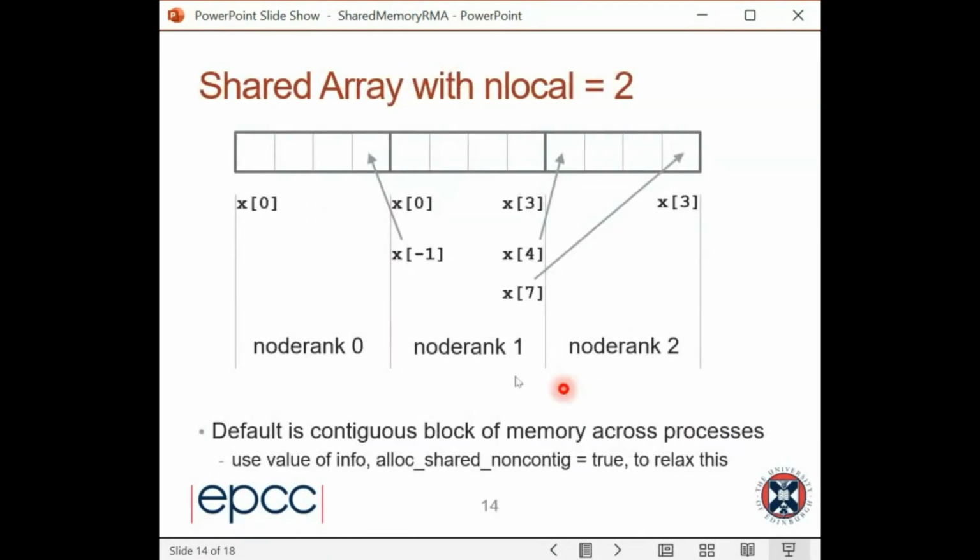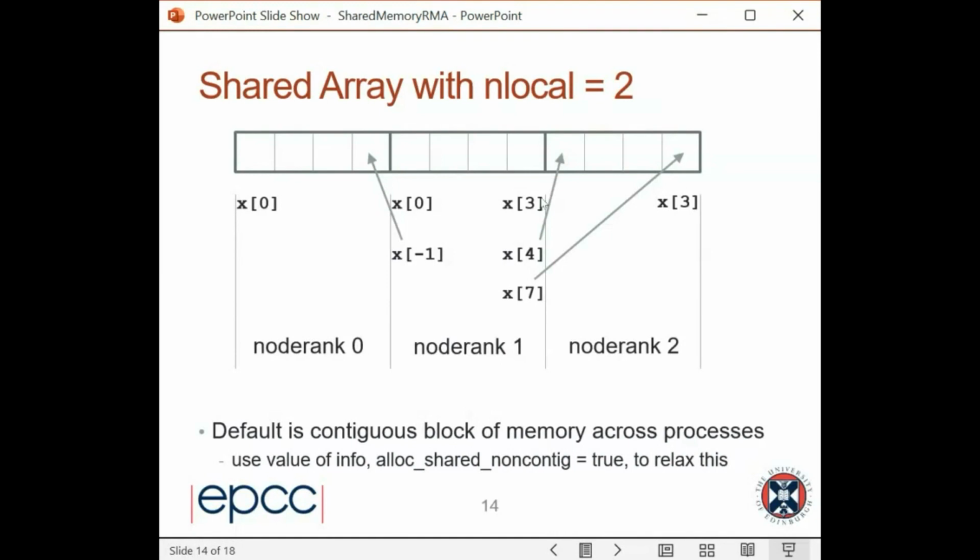And the way I can do it is if I have an array called x, by node rank. So if n_local is 2, then the arrays of size 4 are 0, 1, 2, and 3. So I've only got 2 cells locally. What I want to do is write data into it. So I now have a choice.